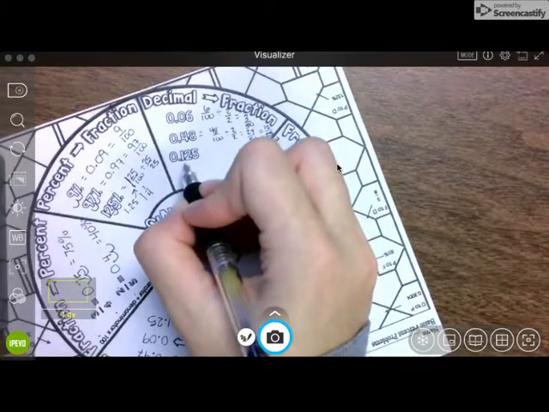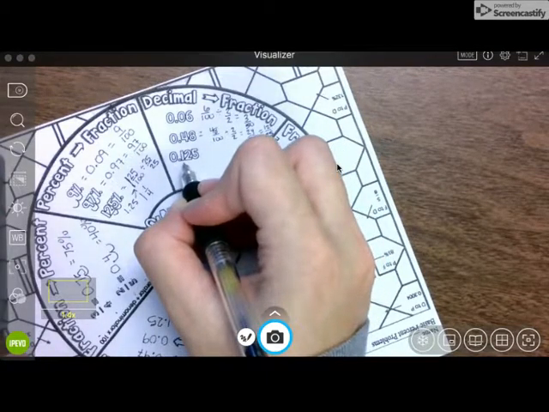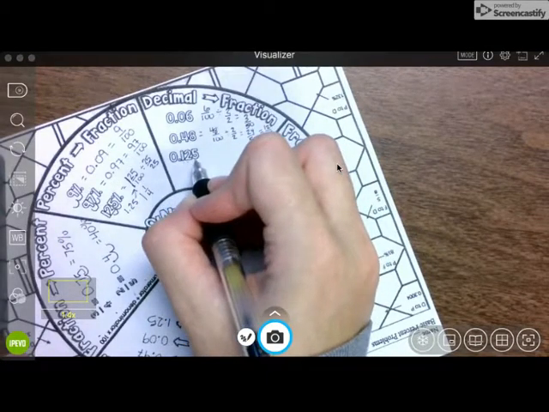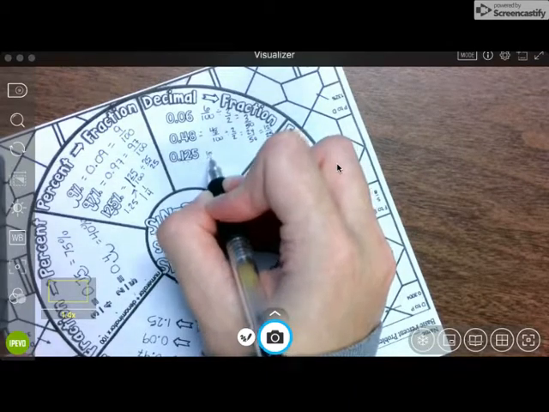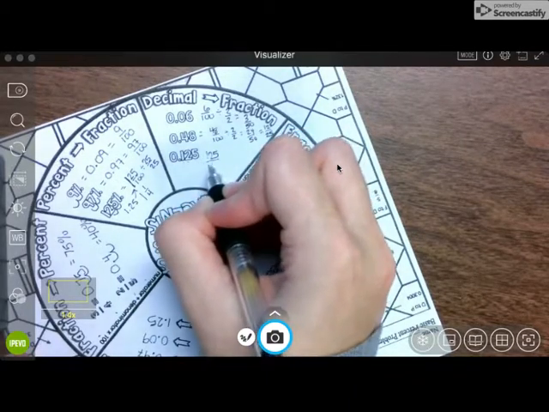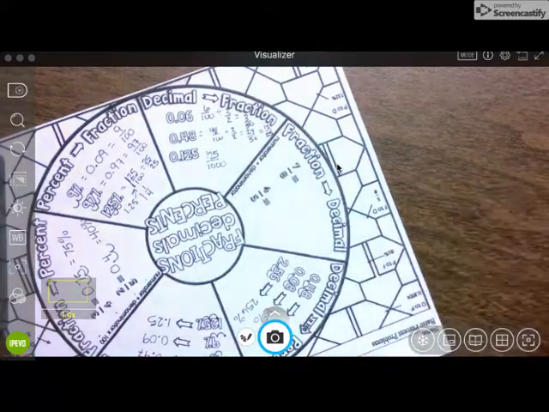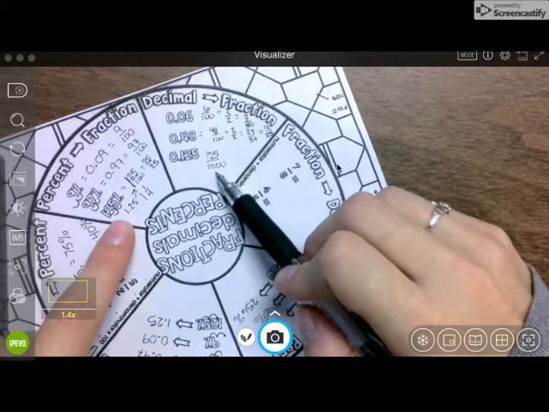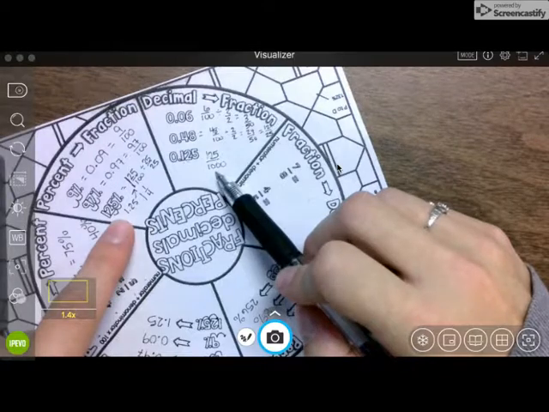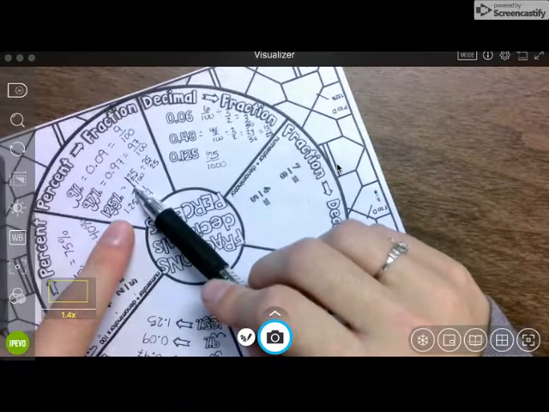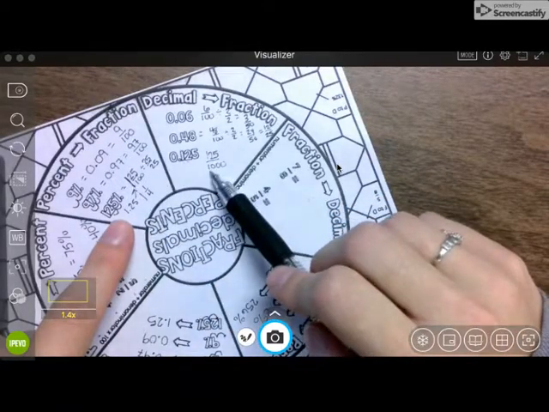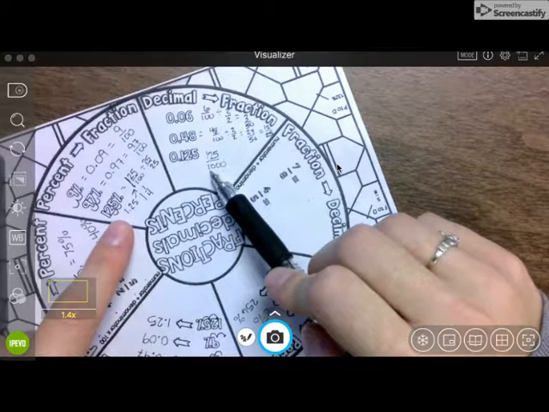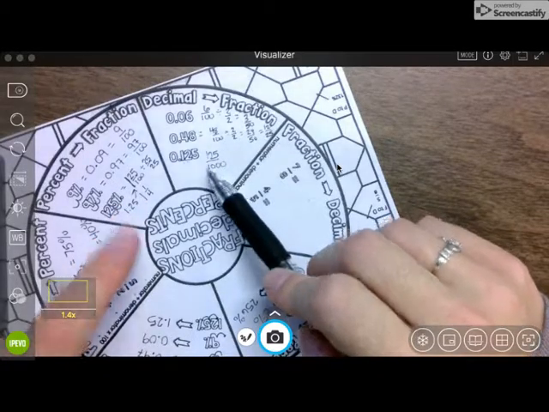Okay? This is 125 thousandths. So see how these two were a little bit different as decimals to fractions. This one had a whole number. This one does not. So make sure you kind of keep that in mind with percents and stuff.